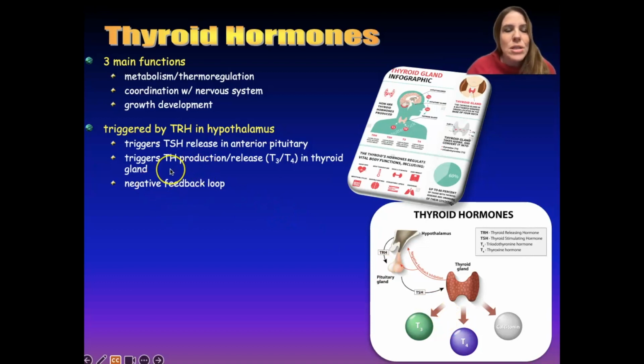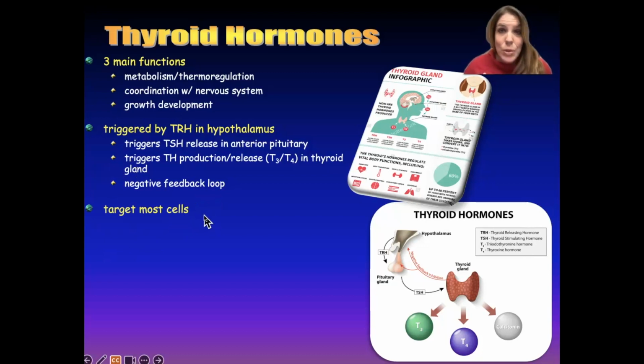Now, T3 and T4 are the thyroid hormones, and they are involved in negative feedback loops. So the body knows, if all goes well, how much T3 and T4 are needed, and if the levels go above that set point, things will kick in, the hypothalamus will kick in, and that will bring those levels back to the set point. If it goes lower than that, the hypothalamus will kick in, and it'll come back to the set point.